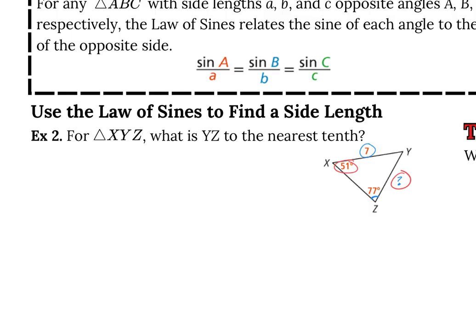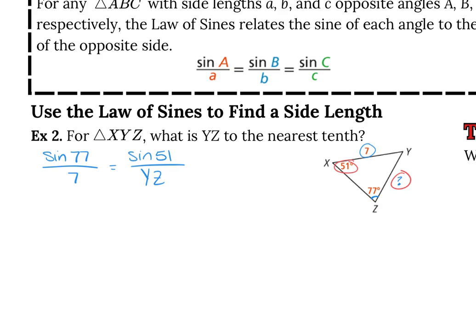So I can set up my law of sines using the information I have: sine of 77 with its opposite side, which is 7, set equal to sine of 51 over its opposite side, which I don't know. We're looking for YZ.